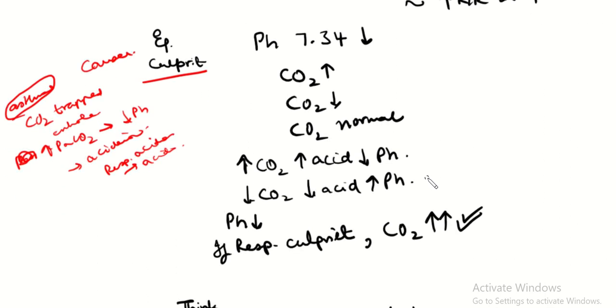So again, here you look at PaCO2, and if it's high, what is it going to do to the pH? It's going to lower the pH because it's going to cause more acid. So you see the difference when the respiratory process is the culprit: the PaCO2 lowers the pH.